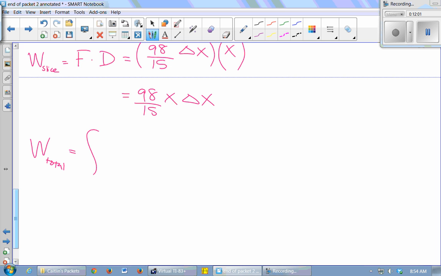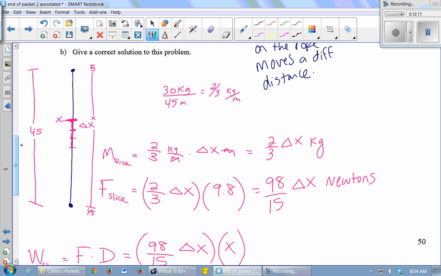Okay, so it'll be 98/15 x, the delta x becomes a dx, and I'm going to integrate from where to where? 0 to 45. The x value, this random x value that I put on the rope, it ranges from 0 to 45.